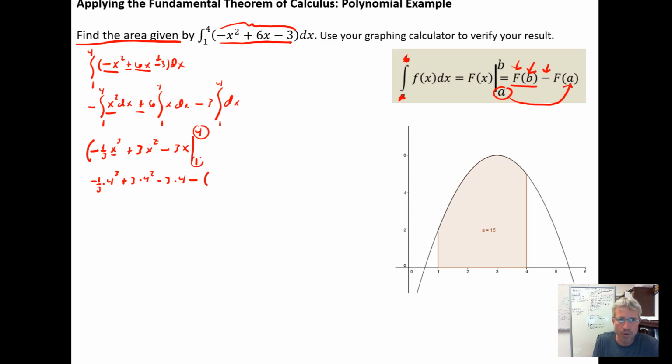So I'm going to take the 1 right here and put it into my antiderivative everywhere I see an x. So I'm going to get negative 1/3 times 1 cubed plus 3 times 1 squared minus 3 times 1. And then we just need to simplify.